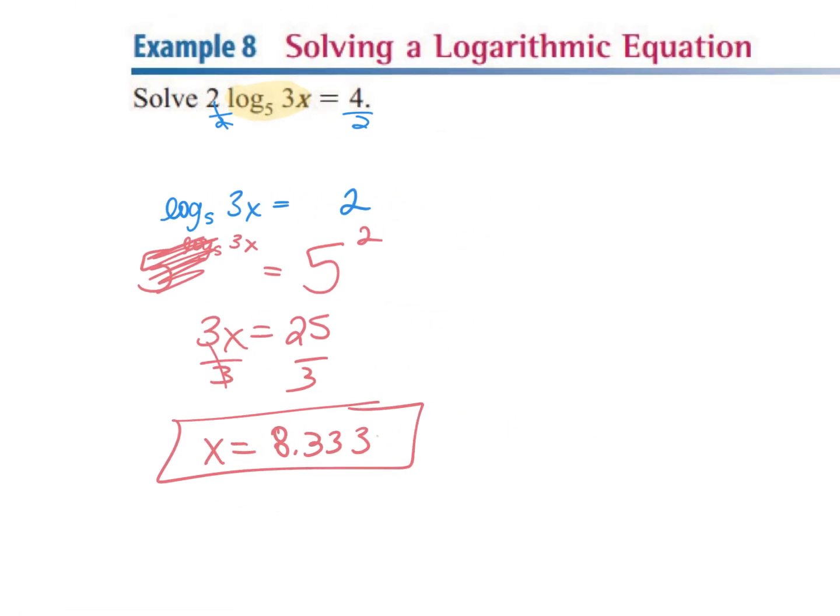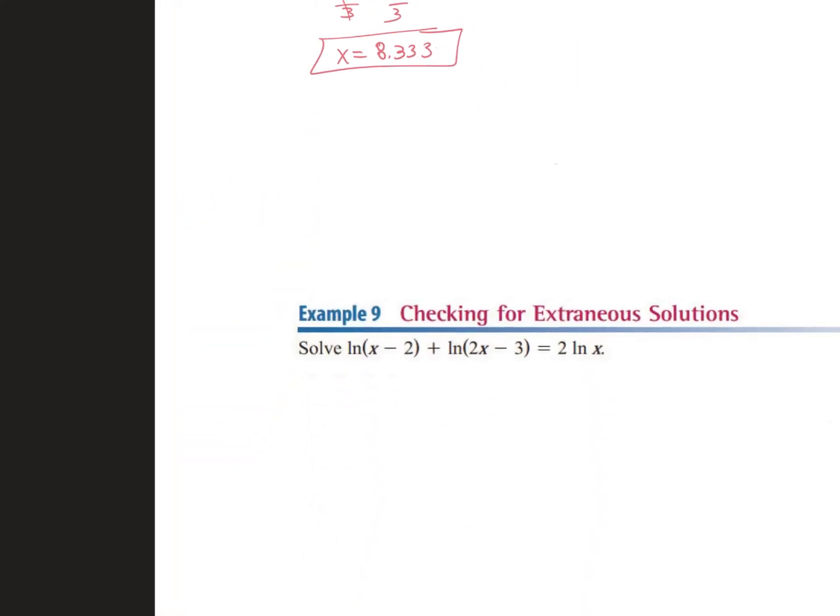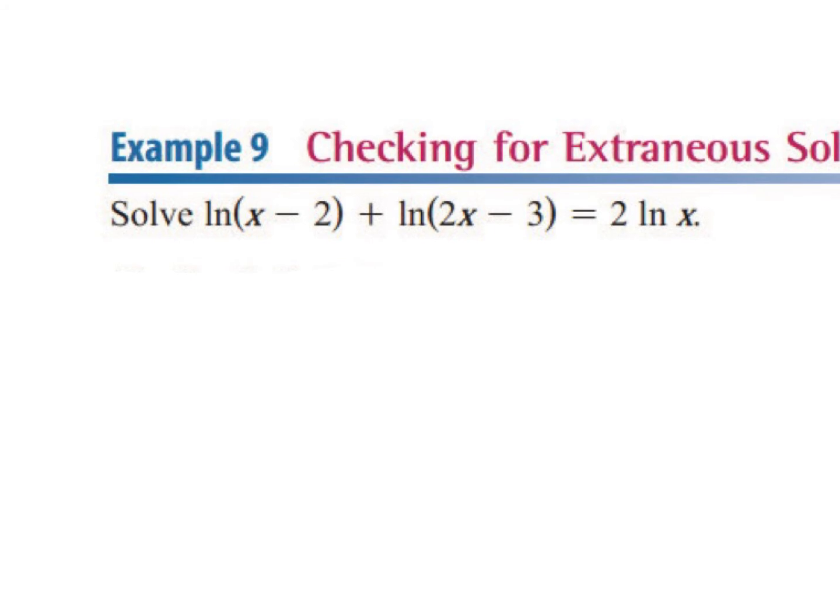All right, let's go to number 9. Ooh, geez. Here we go, Mrs. Meadows. Okay, what was that rule we just had a second ago? If there was one log or natural log on one side and just one on the other, what could we do? We can cancel them out. I can't cancel all of these out because it has to be one on one side and one on the other.